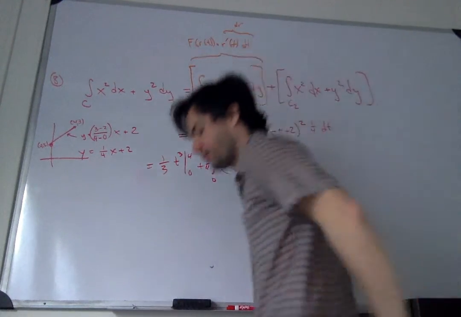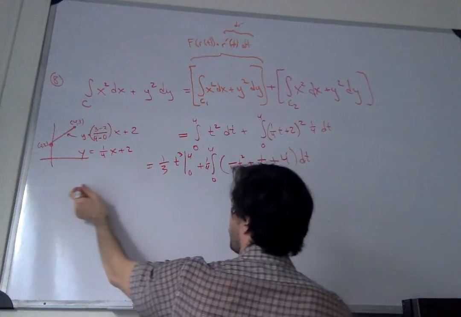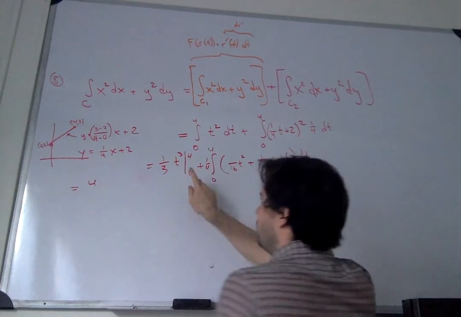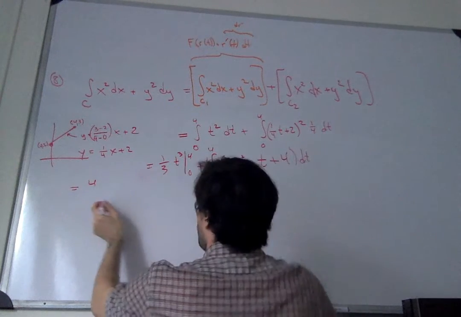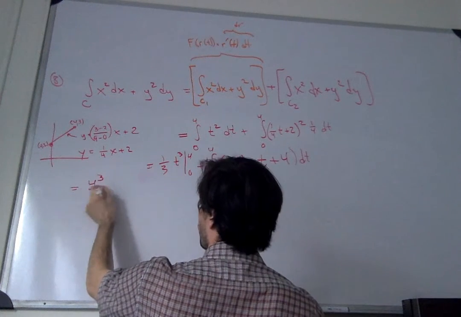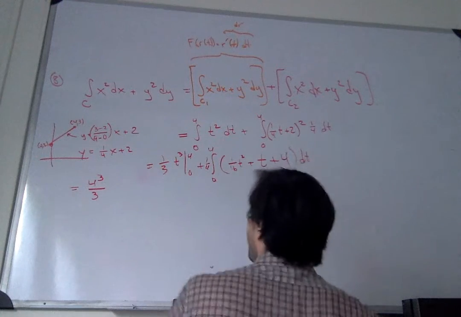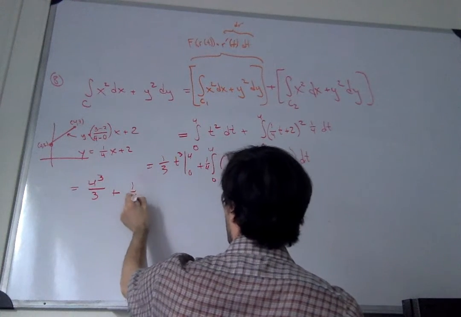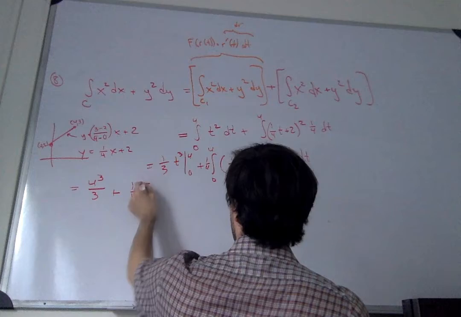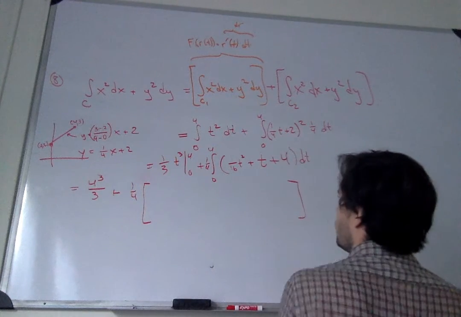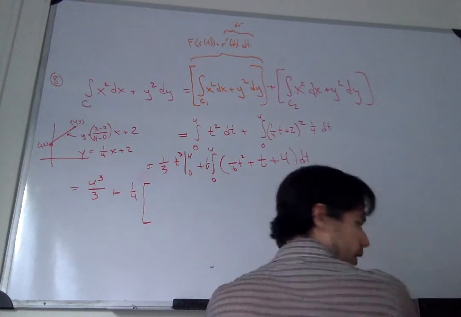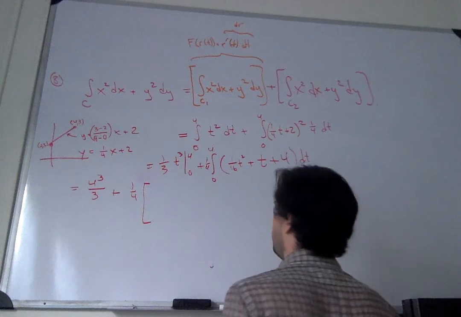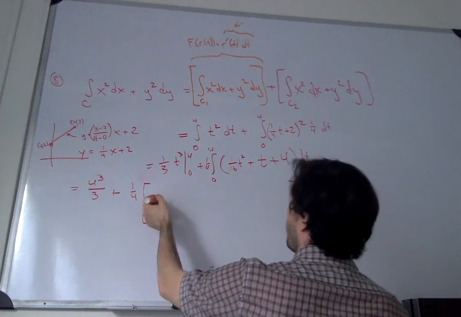Okay. Now, let's do some algebra. So to this first part, I'm going to take the cube. So I get 4 cubed over 3 plus 1/4. Okay. Now we get to the messy Betsy, as my grandparents would say.